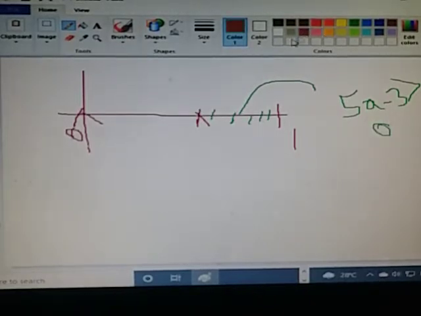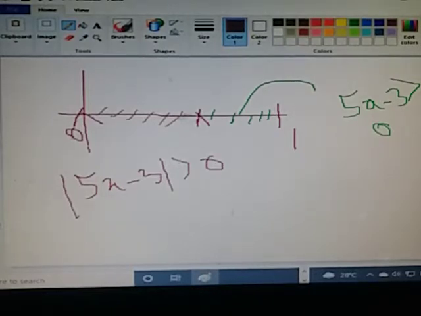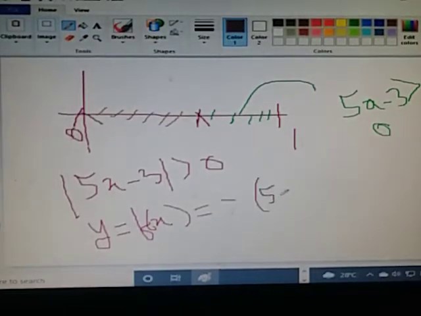And for this other part, 5x minus 3 is less than 0, but because we are considering the modulus, the value must always be greater than 0. So when it is less than 0, we write f of x equal to minus of 5x minus 3.